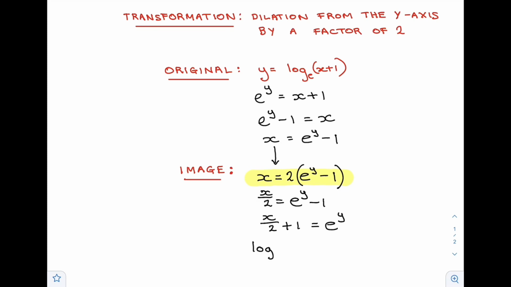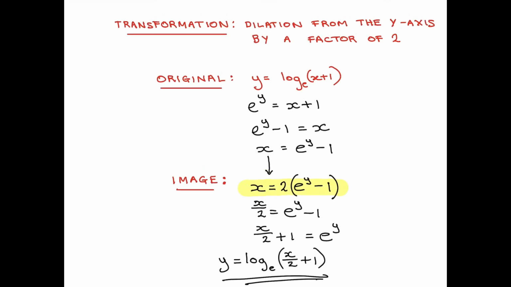And take the log of both sides, log to the base e. And of course we can swap sides. And so we have our image equation written with y as the subject.